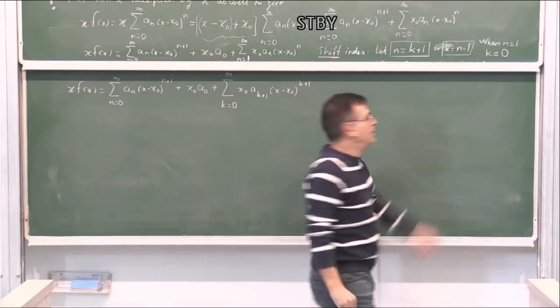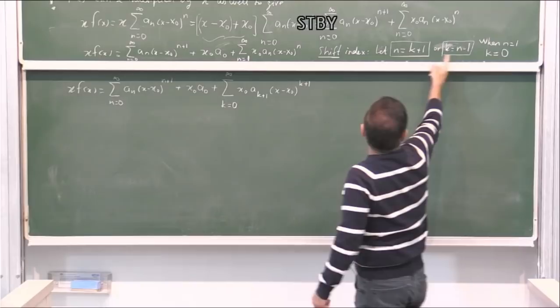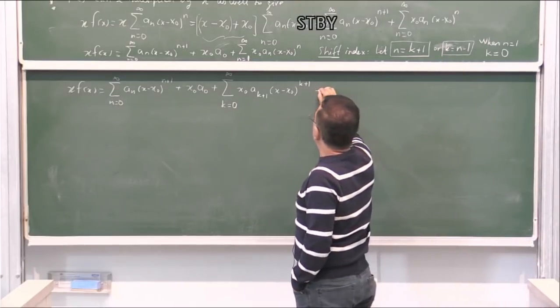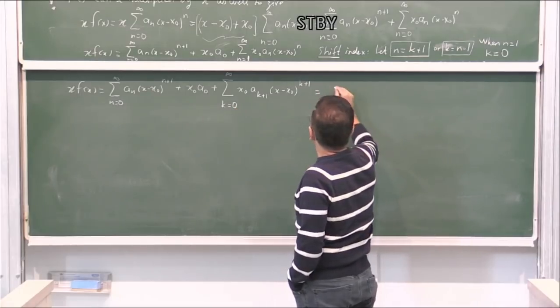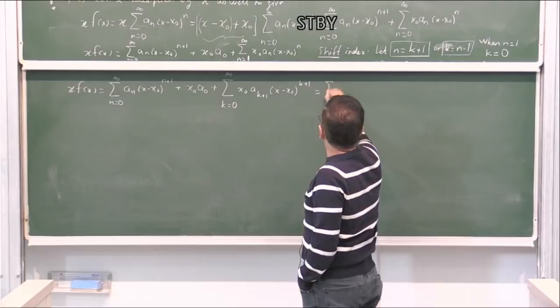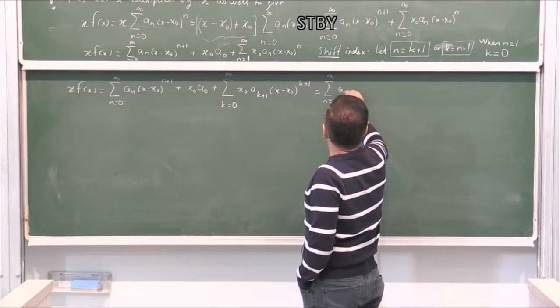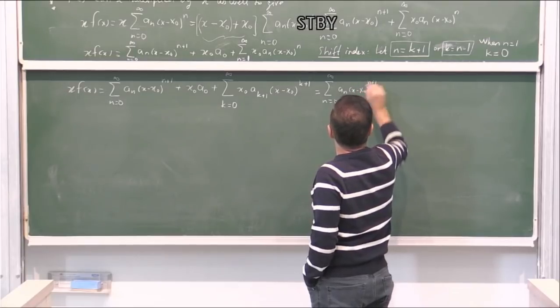Okay? When n goes to infinity, as you see, so does k go to infinity. And look, I write this series as sum from 0 to infinity an x minus x0 to power n plus 1.